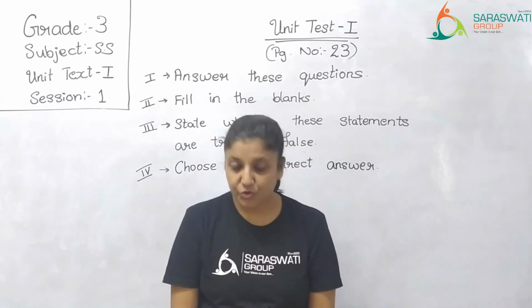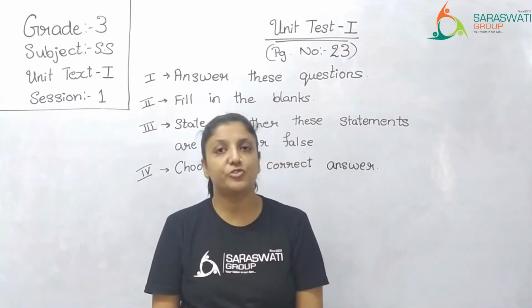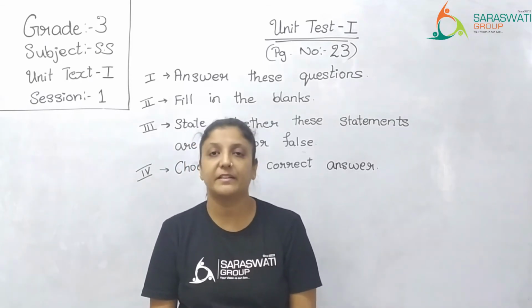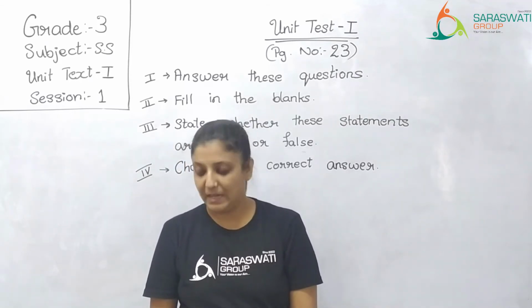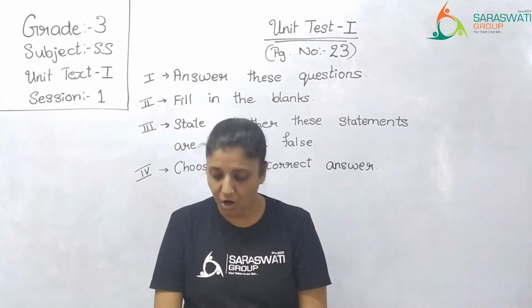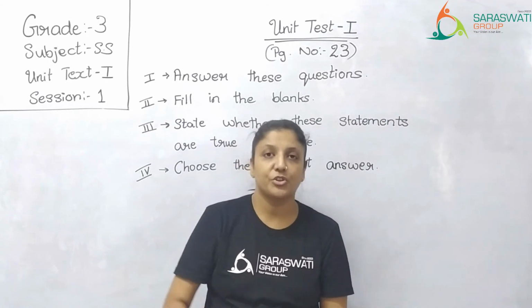Next, choose the correct answer. So here it is a multiple choice question. 4 options are given and you have to select the correct one. So let's start. First one. The top and the bottom of the earth are called dash.